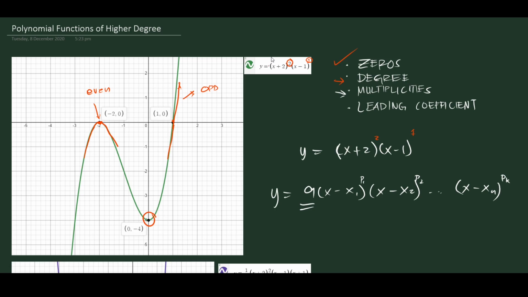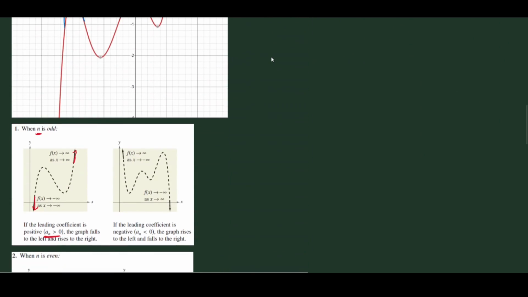As you can see right here, our a is 1, right? And our n is odd. We have here our n is 3, right? And our a is greater than 0. So as you can see, the end behavior of the graph is just like that. Okay, so we confirmed it.